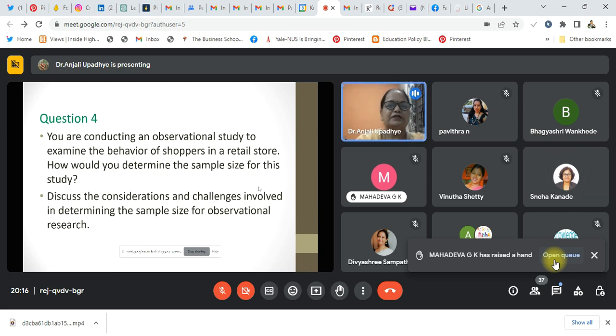Yes, it will do. But again, see, the observational study is there. What are the challenges of it? Systematic sampling will do, every 10th customer, or take a particular shop. In that particular shop, examine the behavior of those who are there.